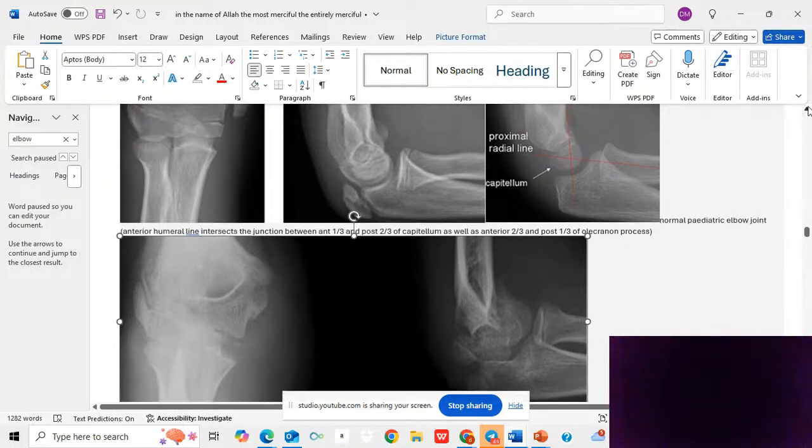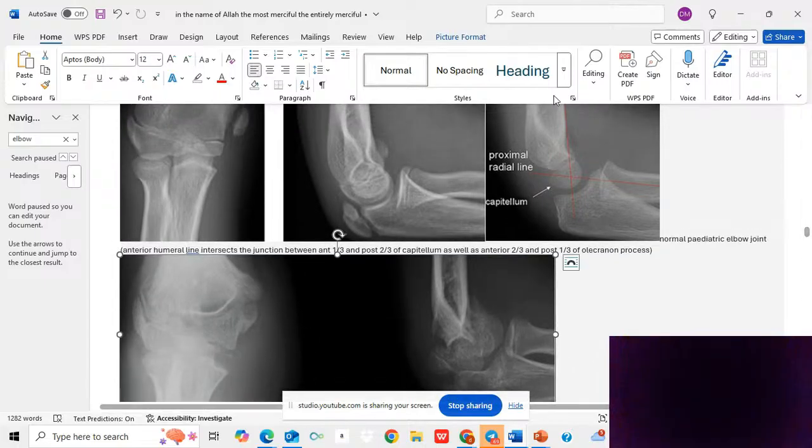And if you draw the anterior humeral line like this, it will intersect the posterior 1/3 of the capitellum. Here it intersects the junction between the anterior 2/3 and posterior 1/3. Here it intersects the posterior 1/3 of the capitellum, and all of these are the capitellum.